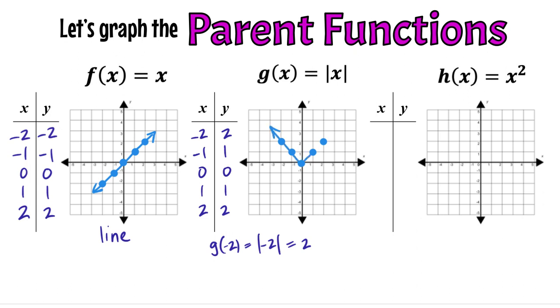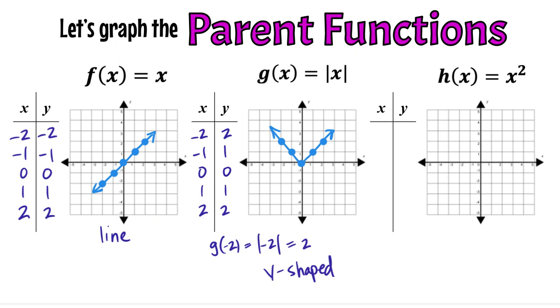Again, arrows on the ends of our graph, because this graph can go on forever and ever. We can plug in any negative or positive value in for x, and we will get a y value from it. So notice these absolute value graphs are going to be V-shaped. So all absolute value graphs are V-shaped.